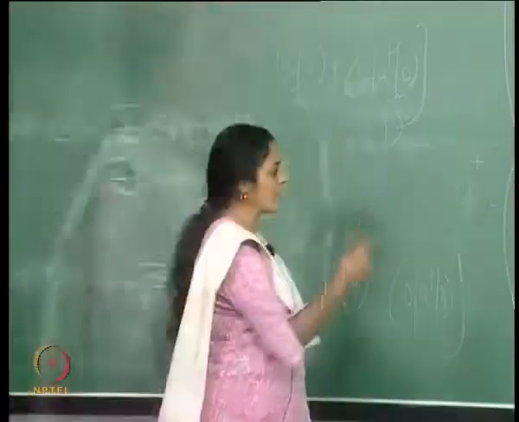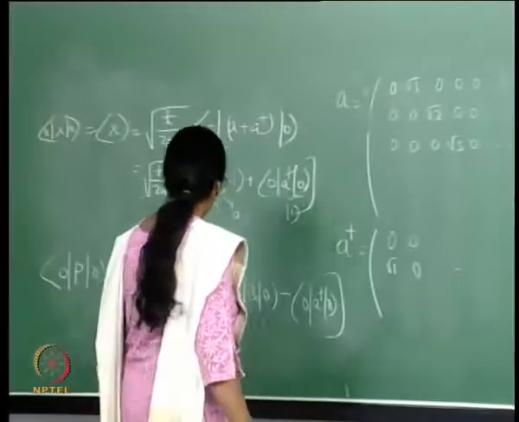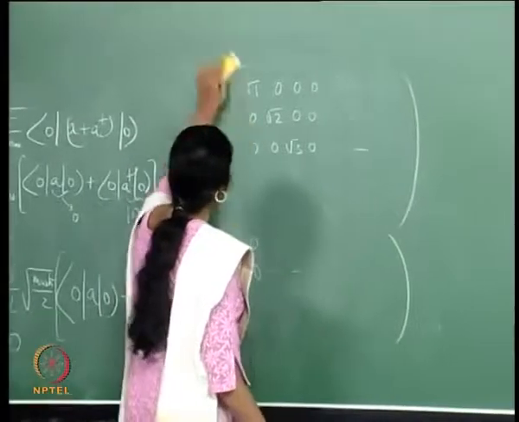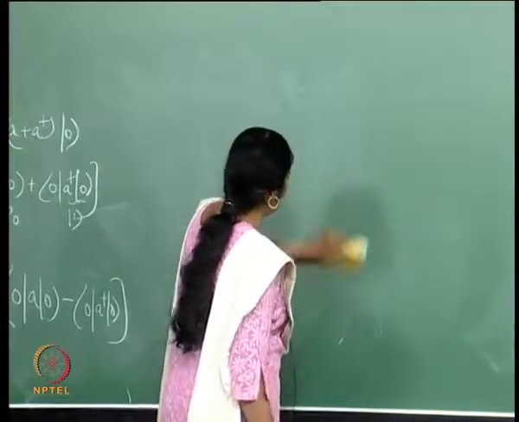So I have expectation x is equal to 0 and expectation p is equal to 0, but the variance is not 0 because expectation x squared and expectation p squared are not 0.